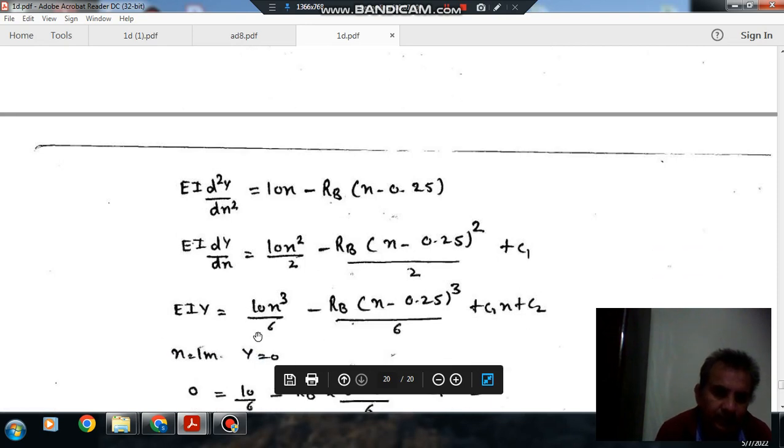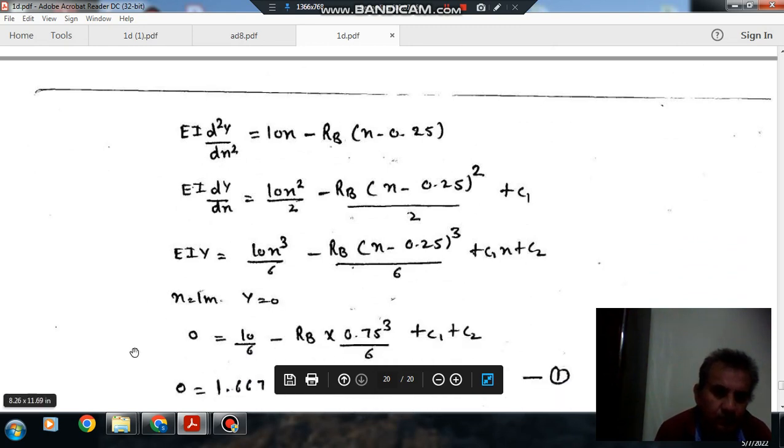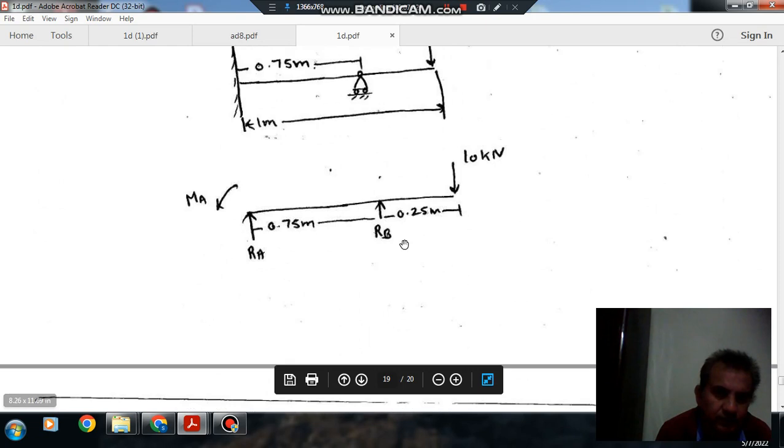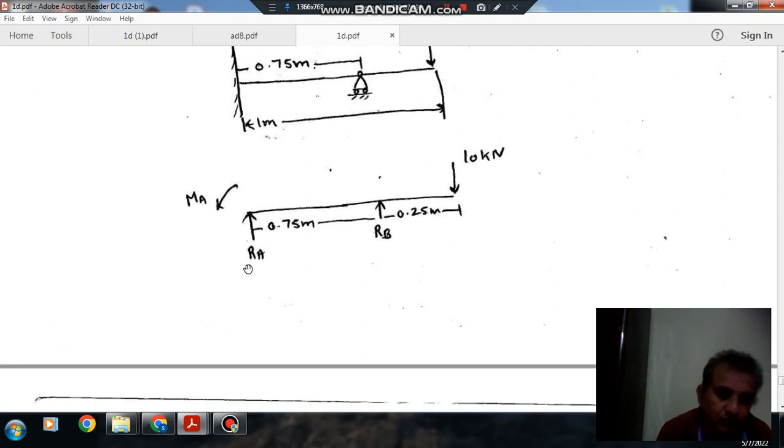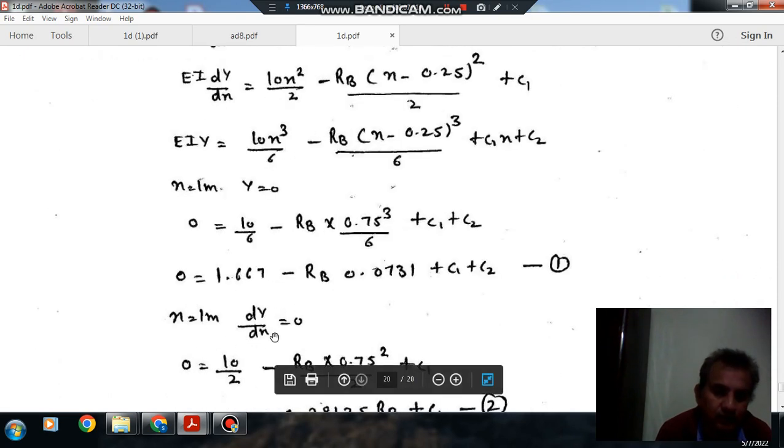EI y is 10x cube by 6 minus RB into x minus 0.25 whole cube by 6 plus C1 x plus C2. Now x equal to 1 meter means the fixed end, so at the fixed end the slope and deflection are 0.